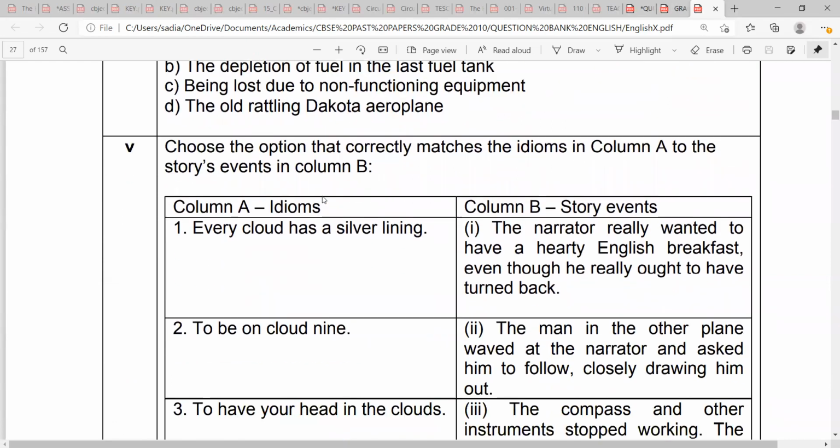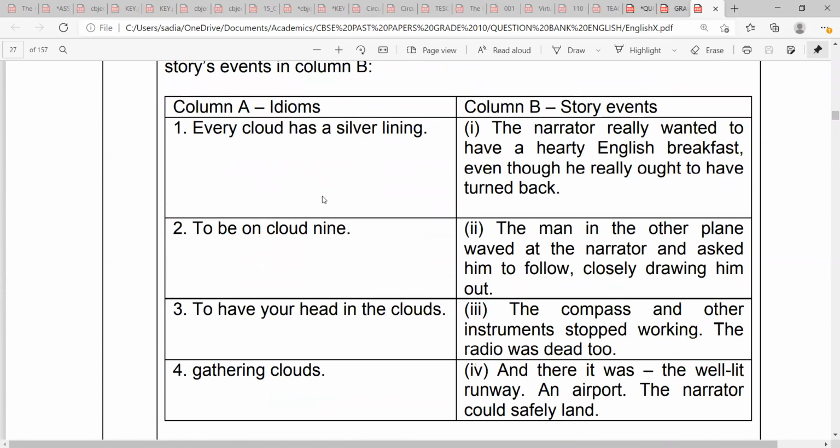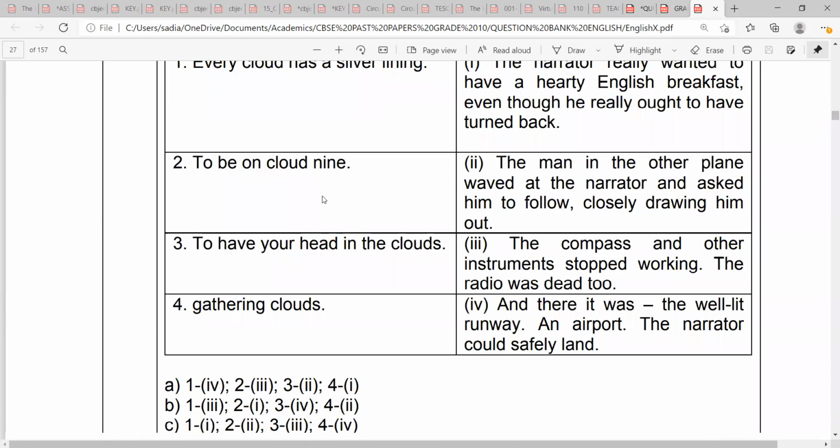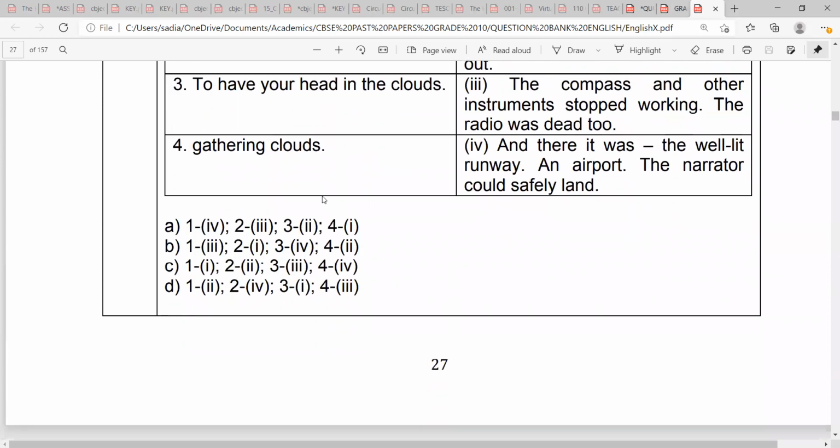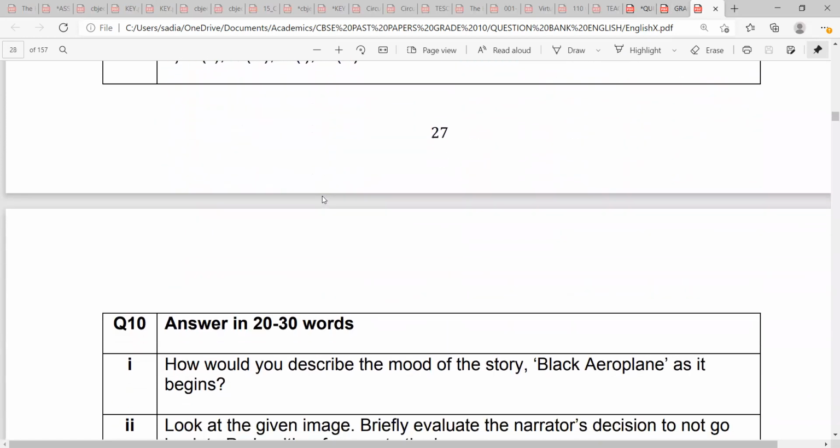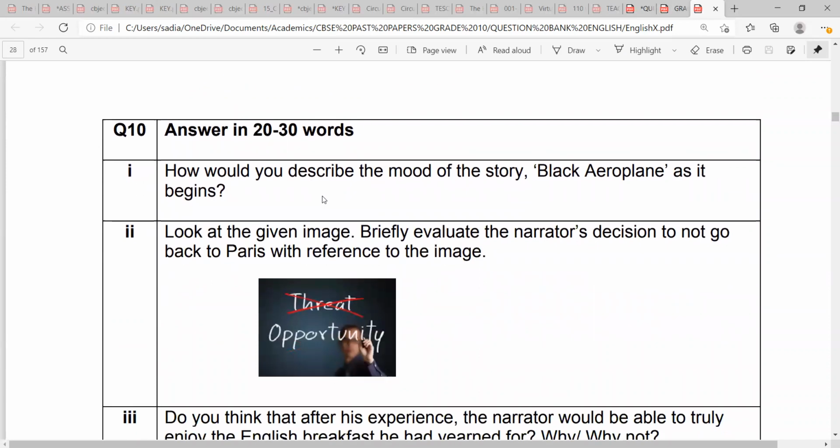Look at the columns, the idioms in column A and the story events in column B. You need to have a full view before you can begin answering 1, 2, 3, and 4. Look at the options. How would you describe the mood of the story?